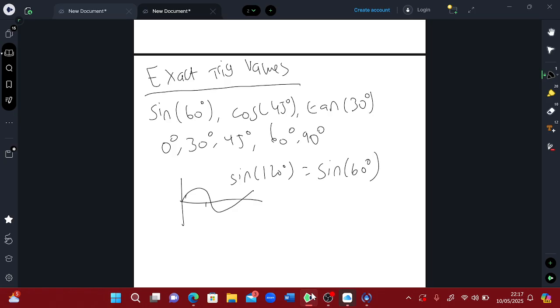If you know 30, which should be down here, you should know what 150 degrees is as a result. Because the distance between 90 and 30 is 60, and then the other 60 gets to 150. So either side is the same because it's symmetrical about the humps. So sine 30 is exactly the same as sine 150 if you just read off the graph.